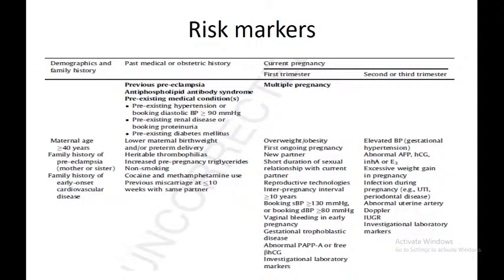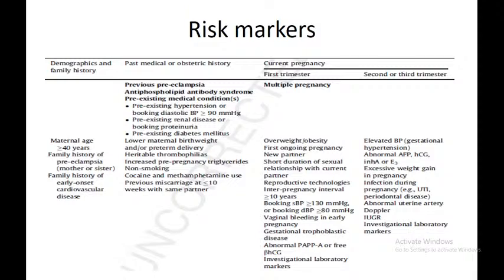And if she has a new partner also, and a short duration of sexual relationship with the current partner, so the shorter the duration to conception, the risk of developing this condition is high. And also in pregnancies resulting from reproductive technologies, any of the ARTs, again this tends to be high.